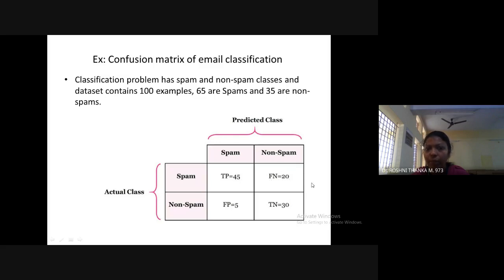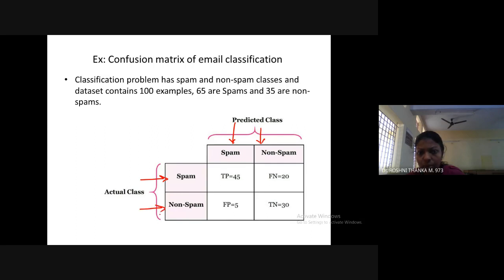So 45 plus 20 is 65. As I said, the rows represent the actual value, and the columns represent the predicted value.